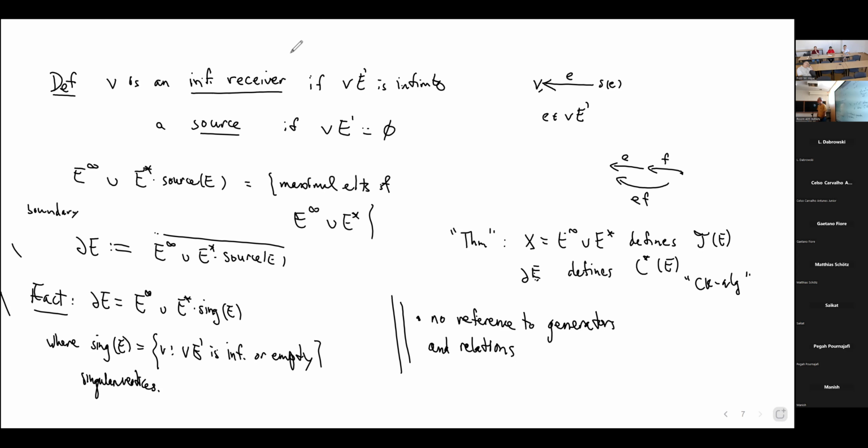So that's one of the wonderful things about this class, that you can definitively check properties like simplicity, which are important. But for me personally, this is how I fell in love with graph C-star algebras: K-theory.